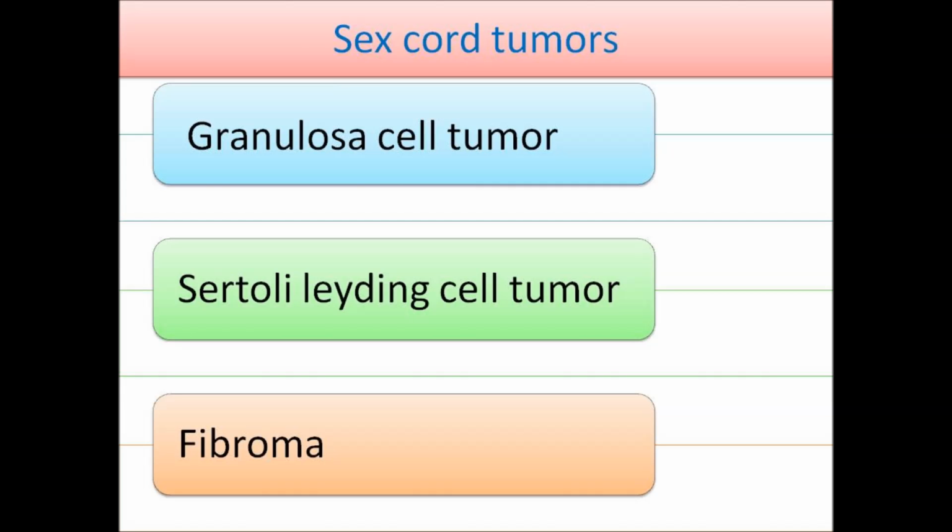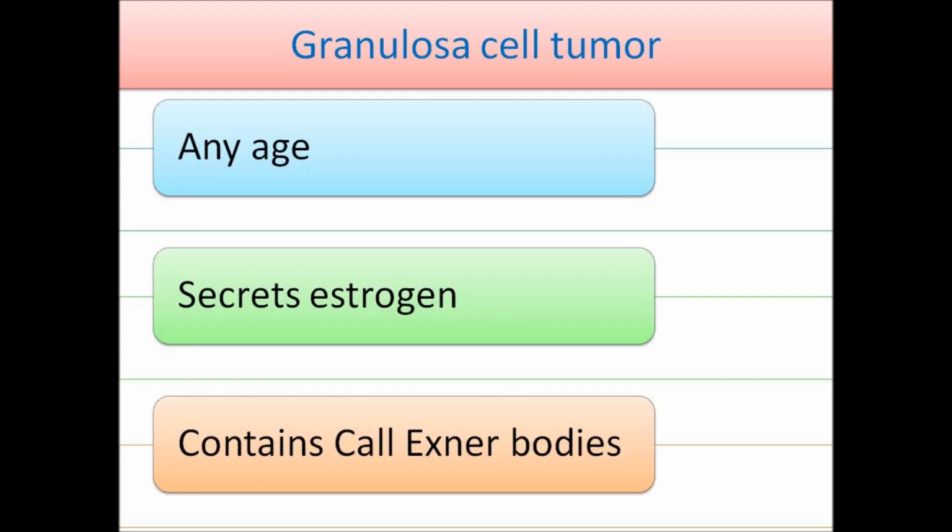Granulosa cell tumor is a tumor that can be seen at any age. However, most patients are elderly. This tumor secretes estrogen, and this also makes sense, as we remember the function of the granulosa cell is to convert the androgens secreted by the theca cells into estrogen under the influence of LH.